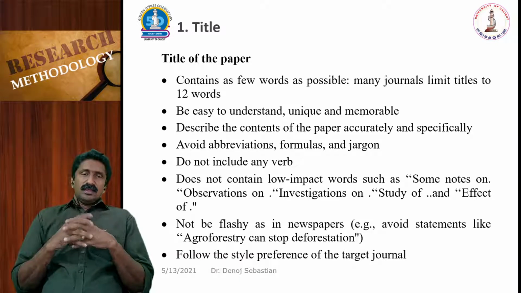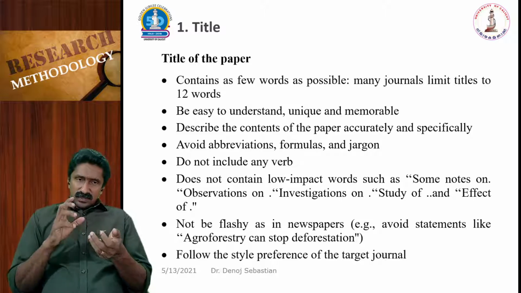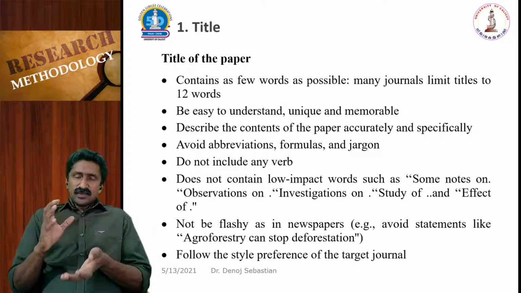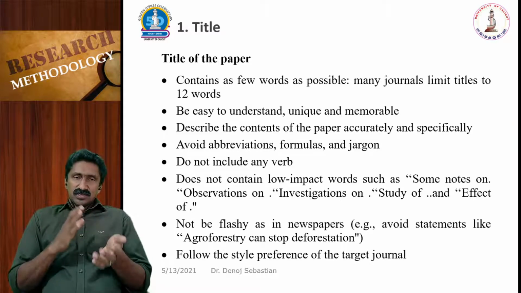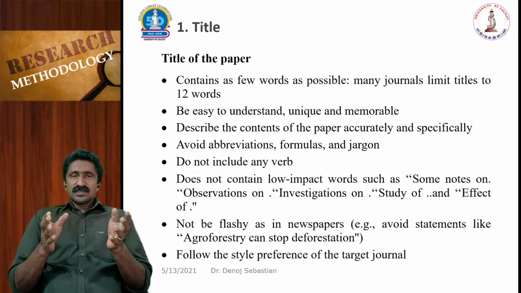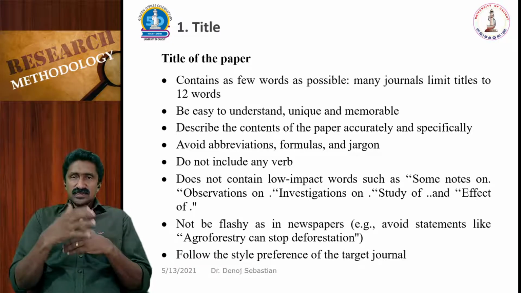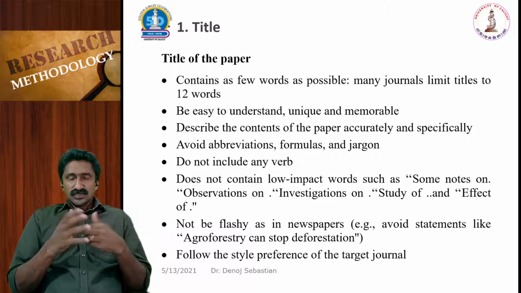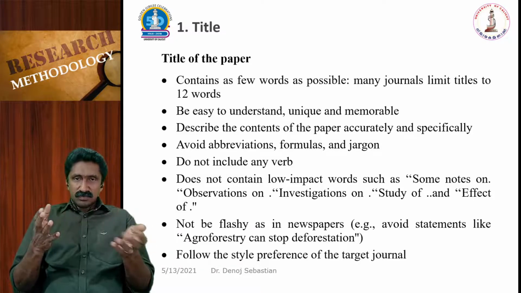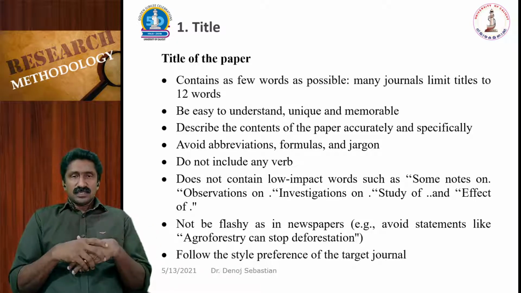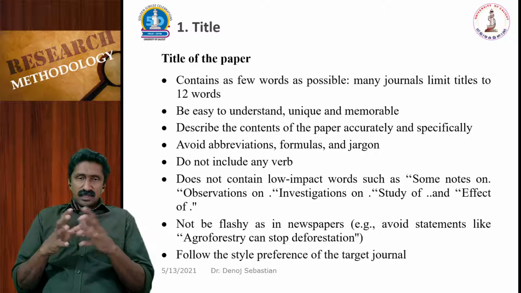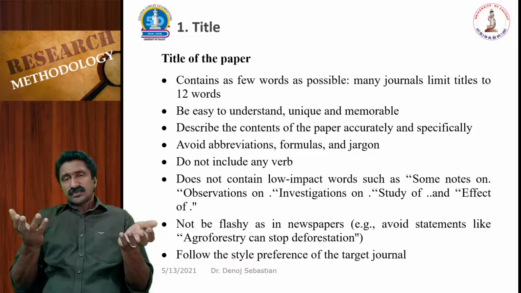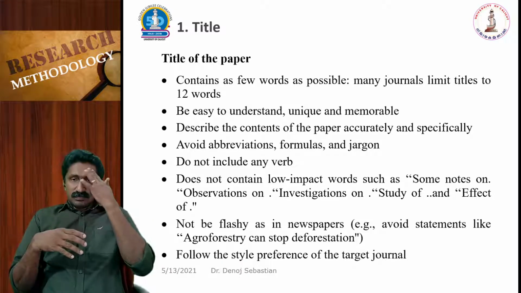Okay. Now, follow the style and preference of the target journal, because from journal to journal, they'll have their own specifications. Just like in the first sentence, some journals limit the title to 12 words, or some may not. Some may accept, say, abbreviations in the title. That type of journal-to-journal difference will be there in their preferences.